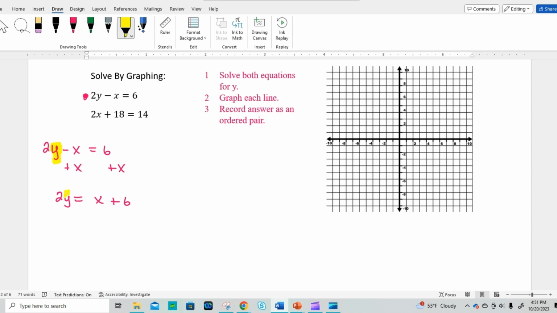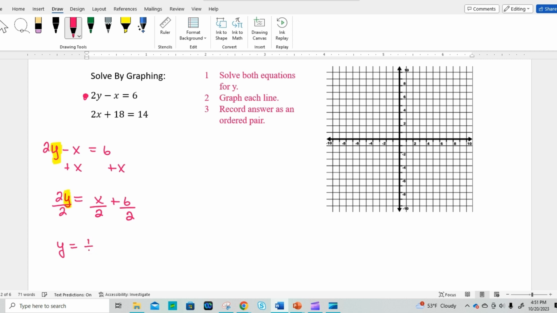Okay, so I'm still looking to get that y by itself, and we're pretty close, but that y is still being multiplied by 2. So I'm going to divide everything by 2. So I get y is equal to, and I can say x over 2, or I could say 1/2 x.